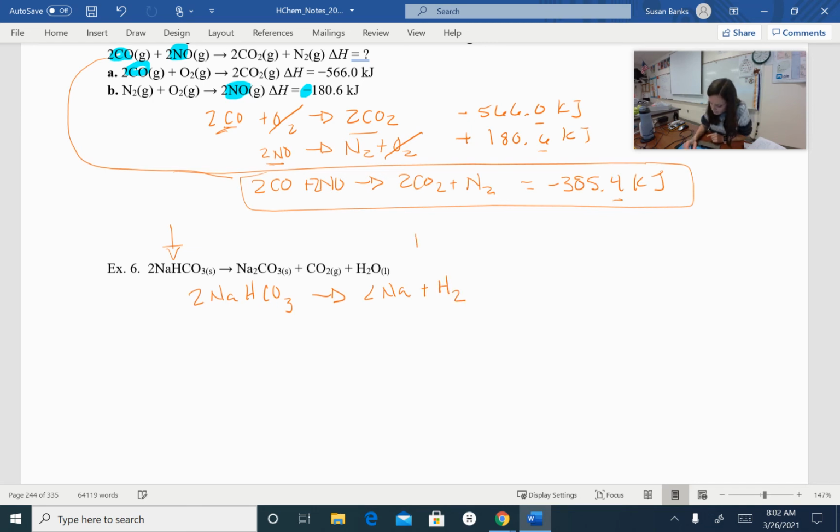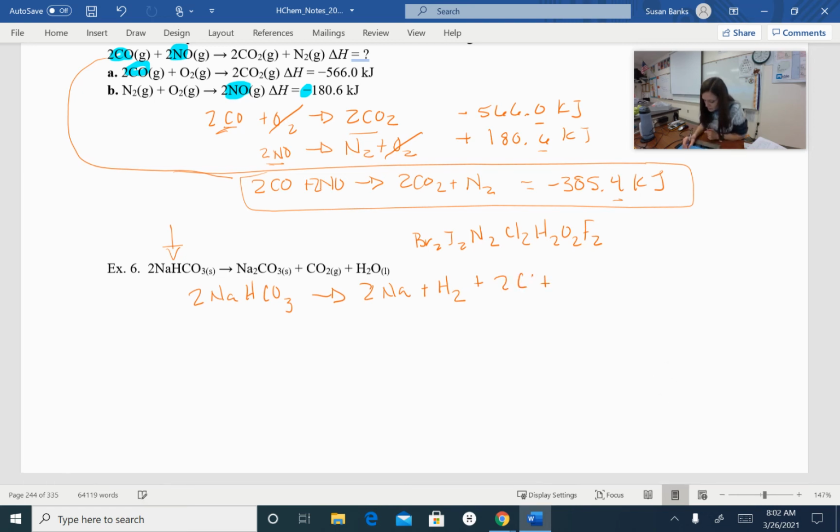Remember our Brinkelhoff elements: bromine, iodine, nitrogen, chlorine, hydrogen, oxygen, and fluorine come in groups of 2 when they're elemental. So that hydrogen is H2, and we have 2 carbons, and we have 2 times 3, so we have 6 oxygens, and oxygen is also diatomic, so we're going to have 3 O2. Okay, so there is our deconstruction of sodium bicarbonate.